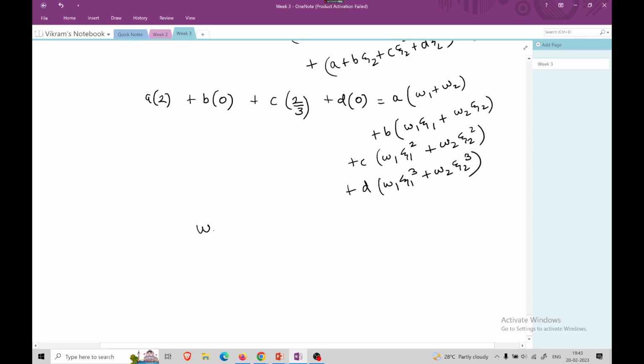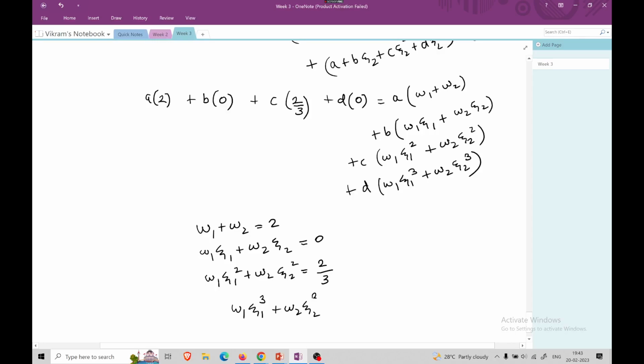So this gives us 4 relations. W1 plus w2 is 2, w1 eta 1 plus w2 eta 2 is 0, w1 eta 1 square plus w2 eta 2 square is equal to 2 by 3, w1 eta 1 cube plus w2 eta 2 cube is equal to 0. So we have to solve these equations.